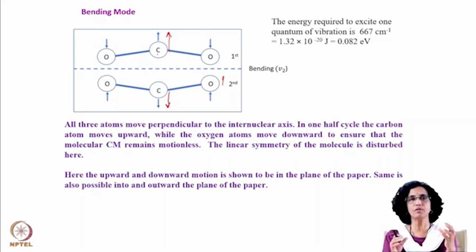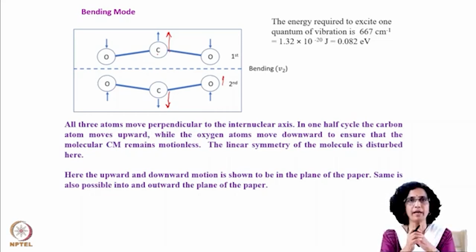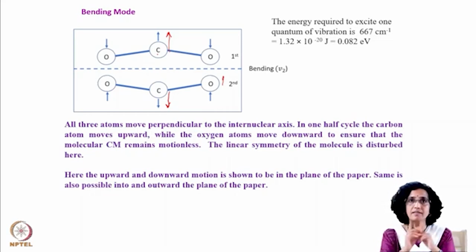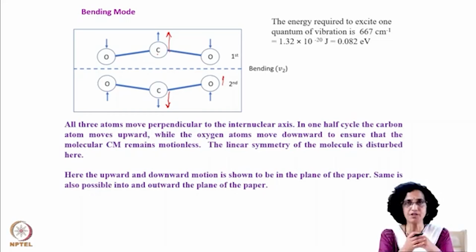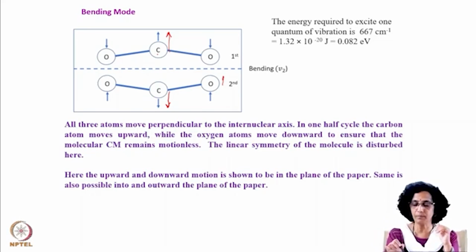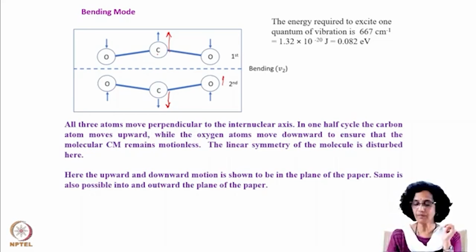These two modes are called degenerate modes because they have the same energy, and therefore for all practical purposes they are considered as a single mode. We do not distinguish between them; we say that this is the bending mode. But actually they comprise two bending modes: one in the vertical direction in the plane of this board, and the other perpendicular to the plane.